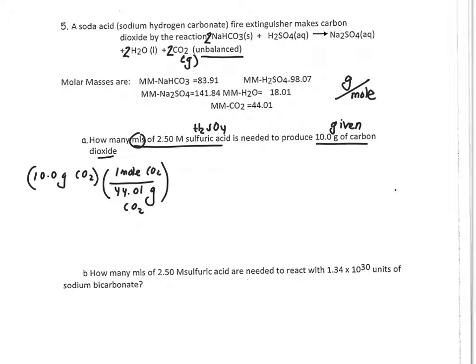And if we look at the balanced chemical reaction, the mole to mole ratio from carbon dioxide to sulfuric acid is 2 to 1. And from our moles of sulfuric acid, we can get to volume using our molarity.